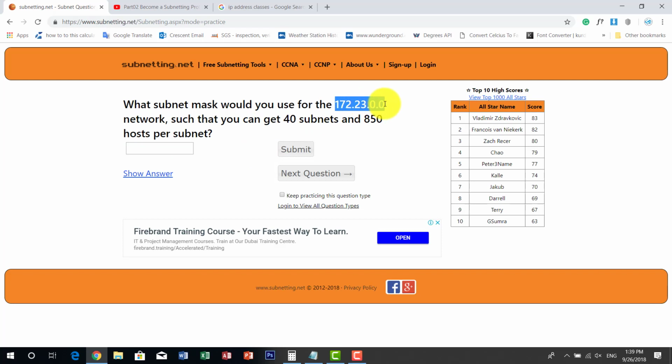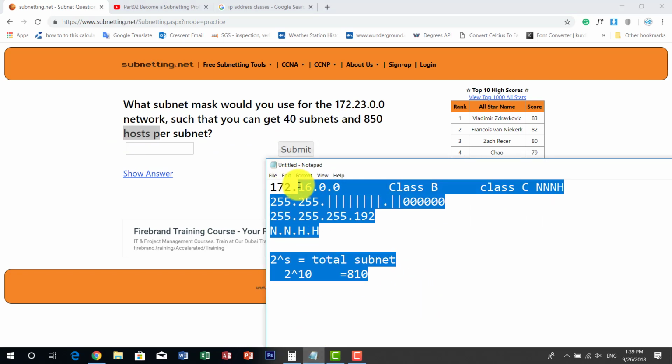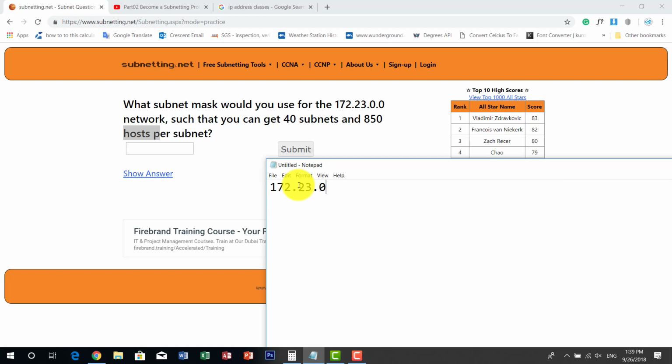We have another example, another question which gives 40 subnets and 850 hosts. For this, let's write down the IP address again, and the first thing we have to do is identify which class we have. We have class B, and as you know, in class B we have 2 network portions and 2 host portions.